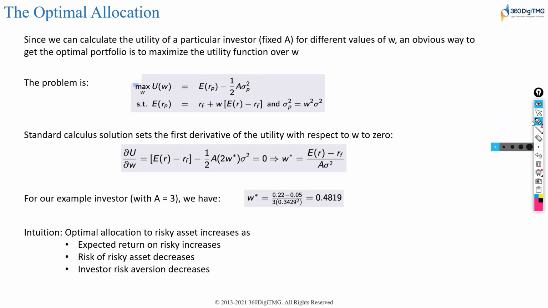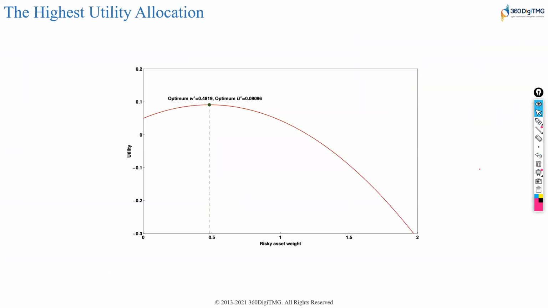Mathematically also that has been proven, and here is the answer for that. As and how you keep increasing the amount of money that you invest in the risky assets, your happiness will increase up to a point and then it starts decreasing. Okay.